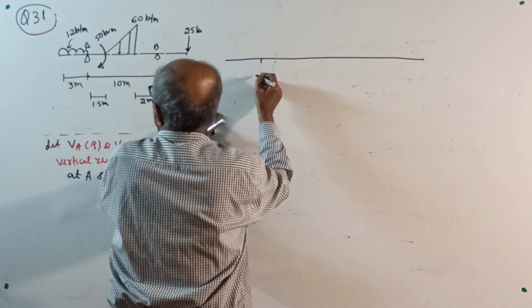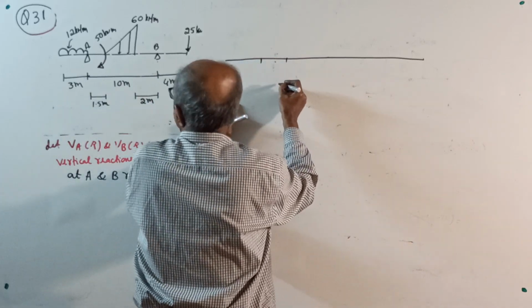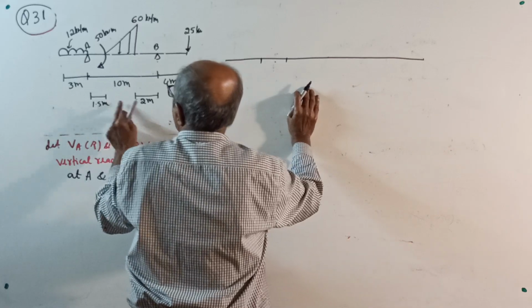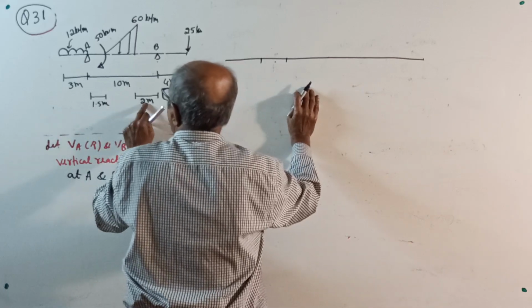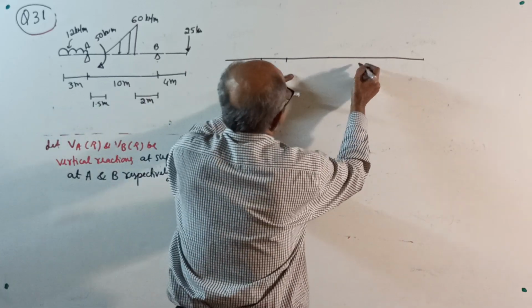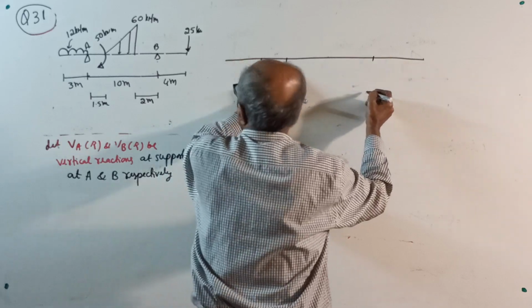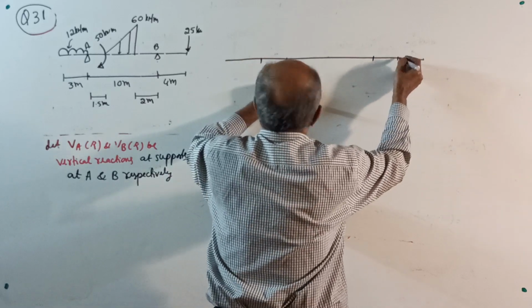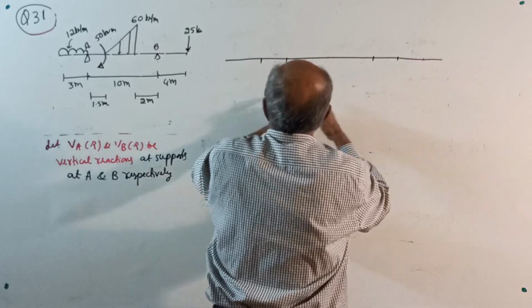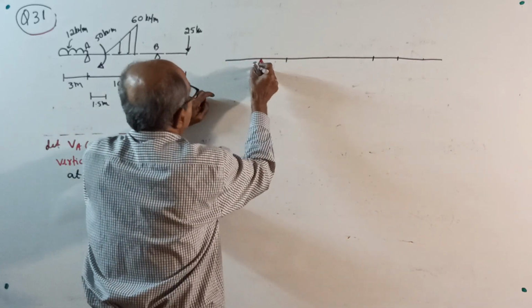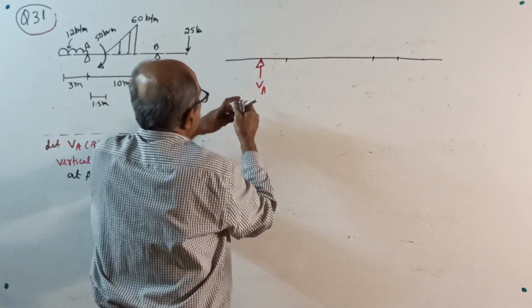3, 1.5, 3 plus 1.5 is 4.5, 6.5 gap here, then 2 and 4. Okay. Little down.